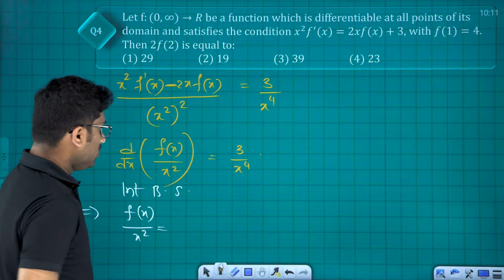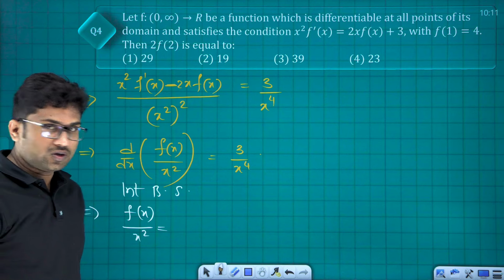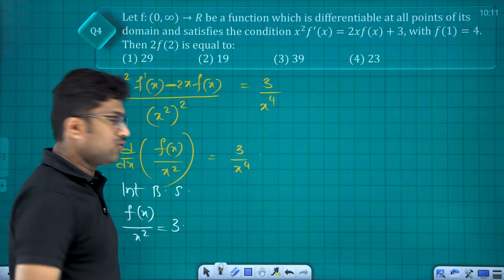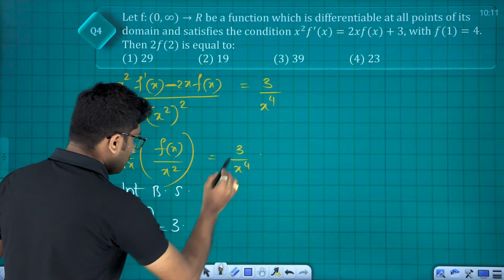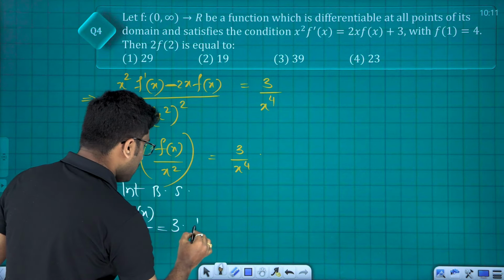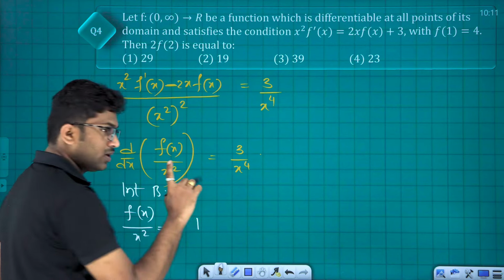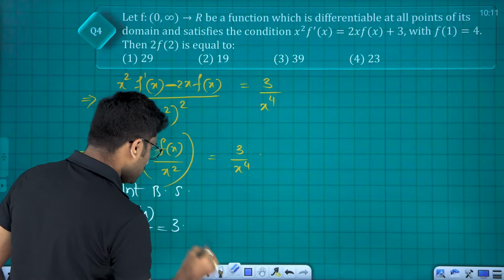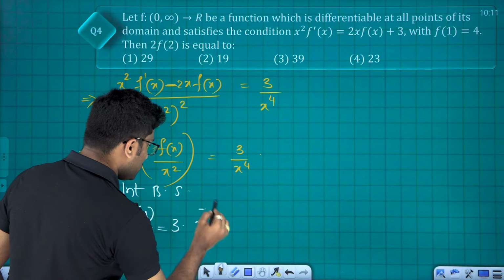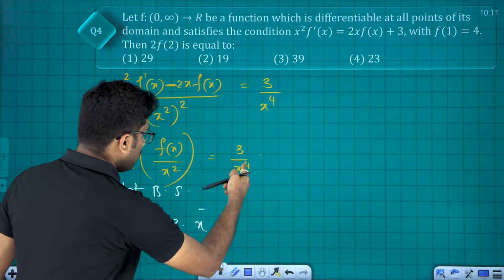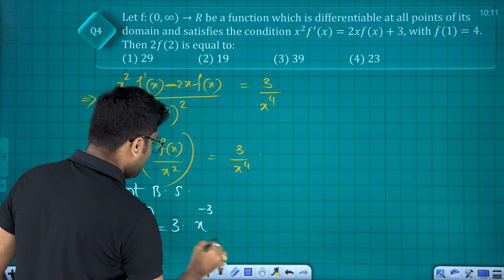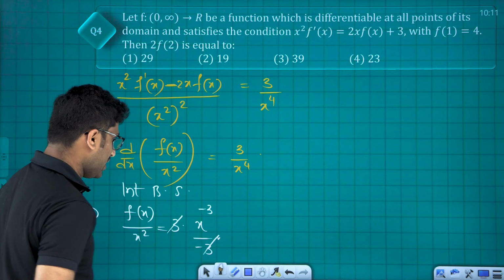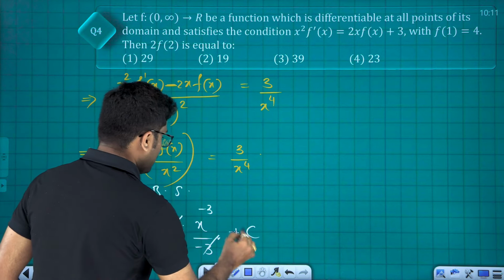This is equal to, for 3 by x power 4, it is 3 out, x power minus 4. So x power minus 4 plus 1, which is minus 3, divided by minus 3. So these 3 get cancelled, plus c.